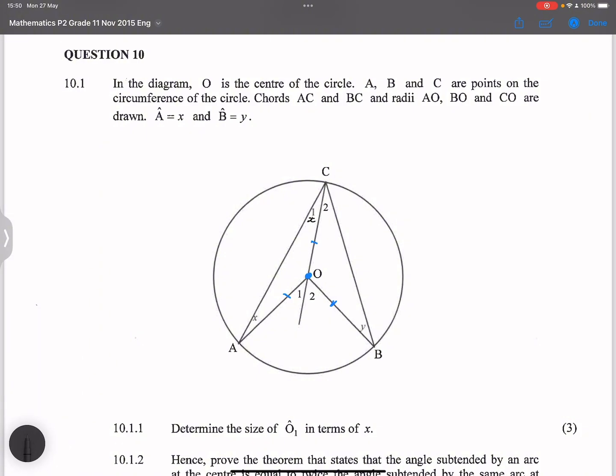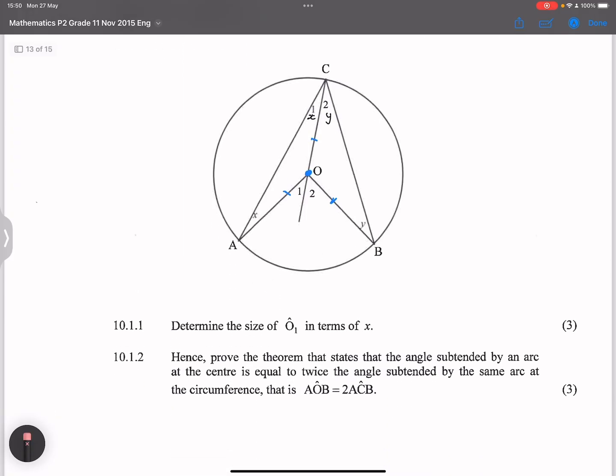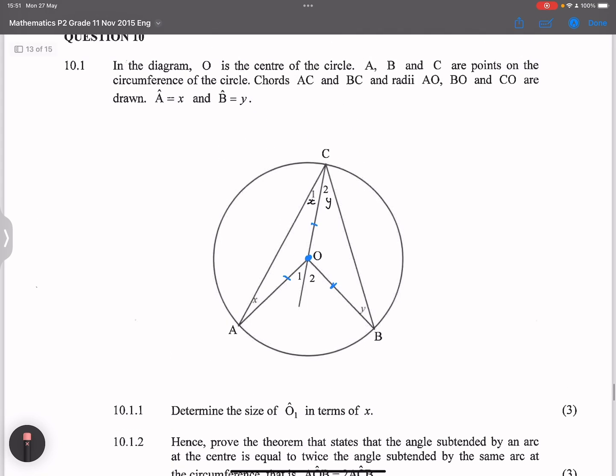But what does that mean? It means that angle C2 will be equal to y, right? And in this case, angle B would be equal to C2, for exactly the same reason. Now, let's go to the question. They say determine the size of O1 in terms of x. Now, firstly, let's deal with that angle there.